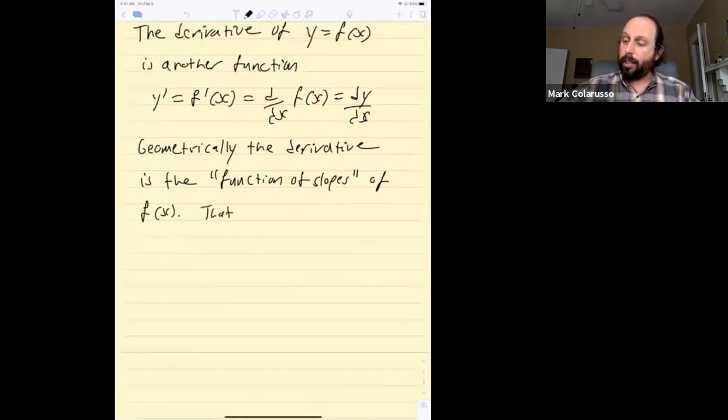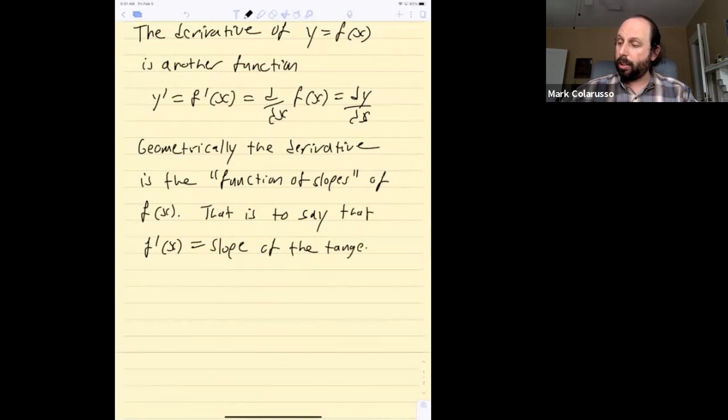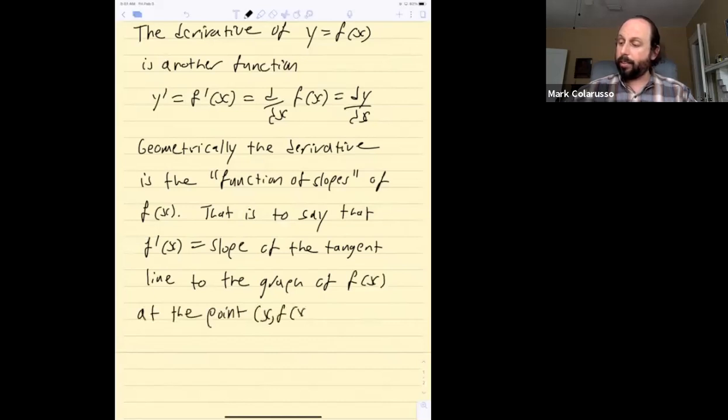That is to say that f prime of x is the slope, remember, of the tangent line to the graph of f at the point (x, f of x).